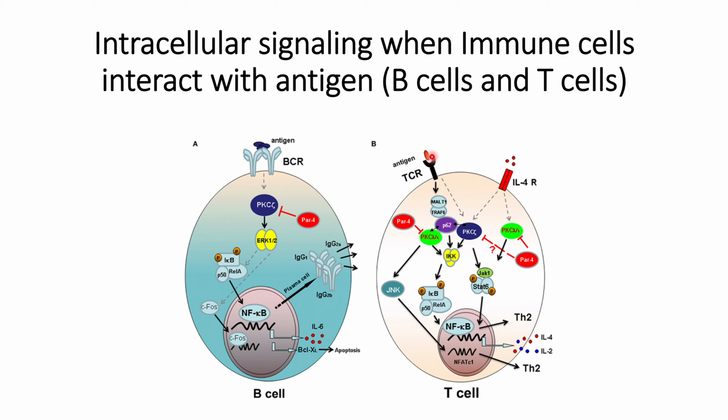Apart from antigen interaction with the T cell receptors, there is another receptor, the interleukin 4 receptor. So when the T cell receives either the antigen or interleukin 4, it performs similar functions: it activates the PKC zeta pathway or the PKC lambda/iota pathway.